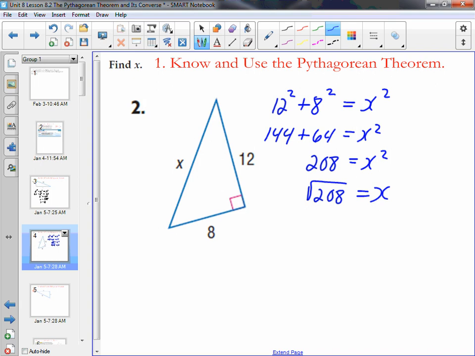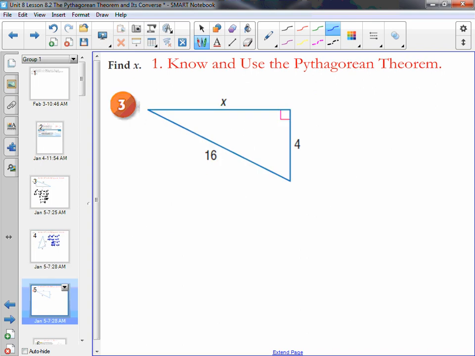Okay. Now, it's not wrong if you change that to a decimal. Was it 14 point something? But just leave it like this. Okay? Just leave it as the square root of 208. Any questions? All right, go ahead and do number 3.